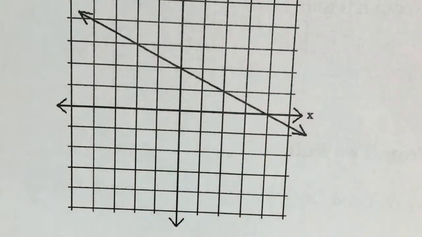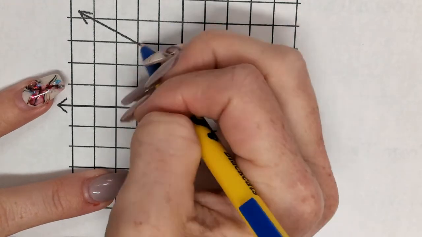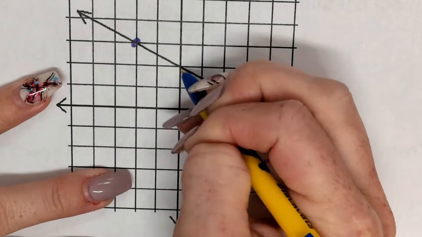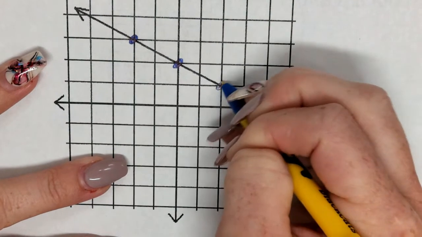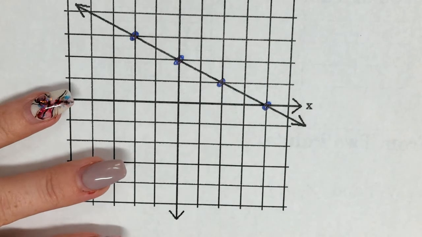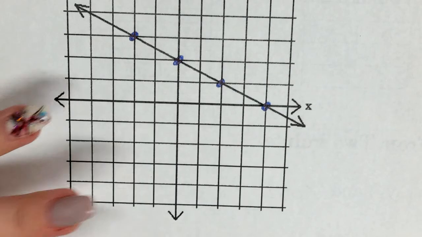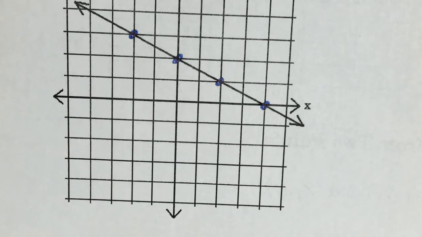It's not at an intersection. Is this a dot? Yes. Is this a dot? How about here? And here? Do I need all of those? How many do I need? Does it matter which 2? No. Will I get the same answer? Yes. So I'm just going to pick 2.